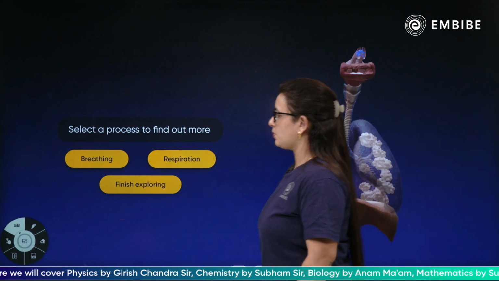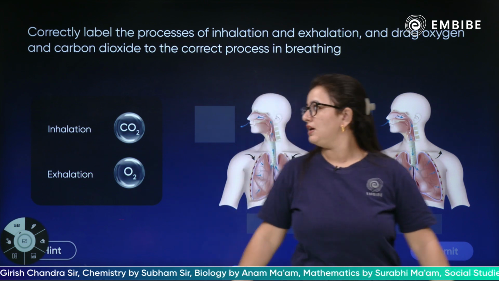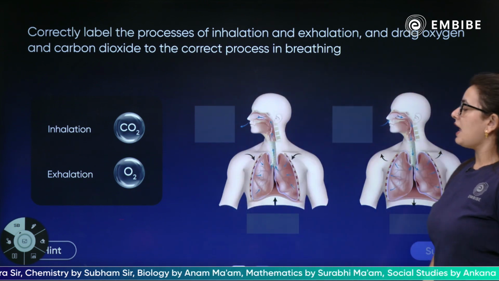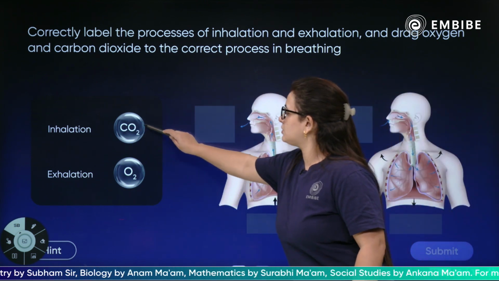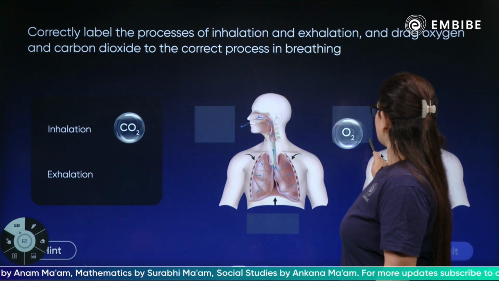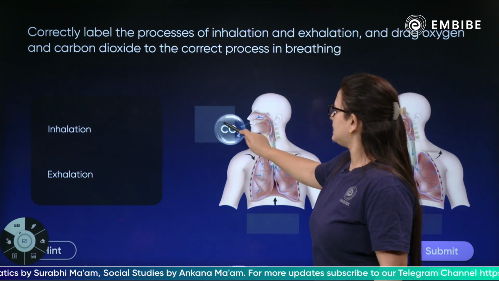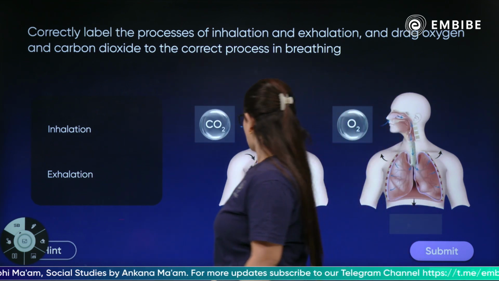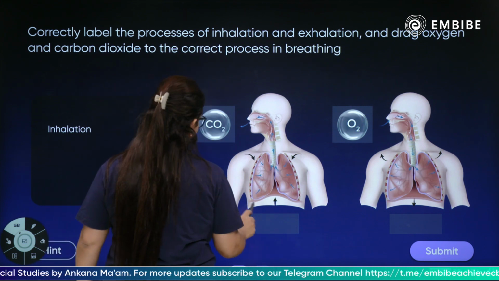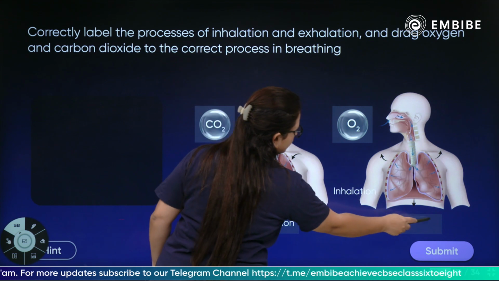As I finish exploring this, children, we have a question for you. As you can see, what happens during inhalation? During inhalation, oxygen moves in, while in exhalation, the CO2 comes out. This is exhalation and this is inhalation.